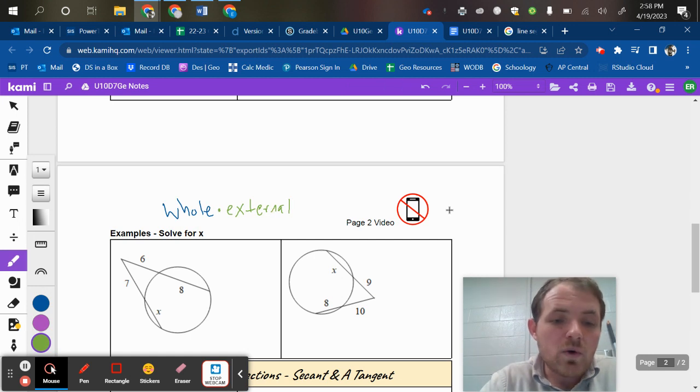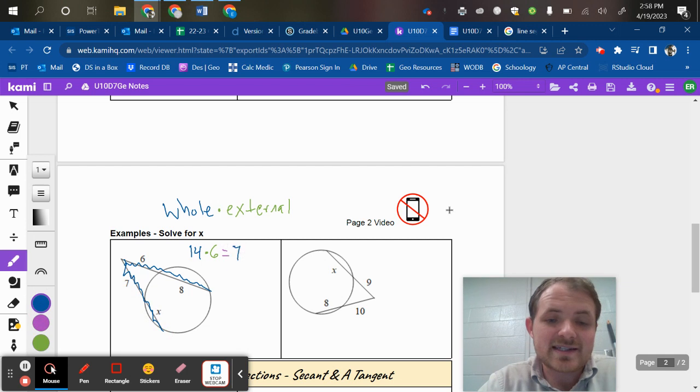And so that whole side there in blue is going to be 14. And just the external is 6. So again, try not to get confused by the addition there. The whole of the other side is 7 plus x. And the external is 7.